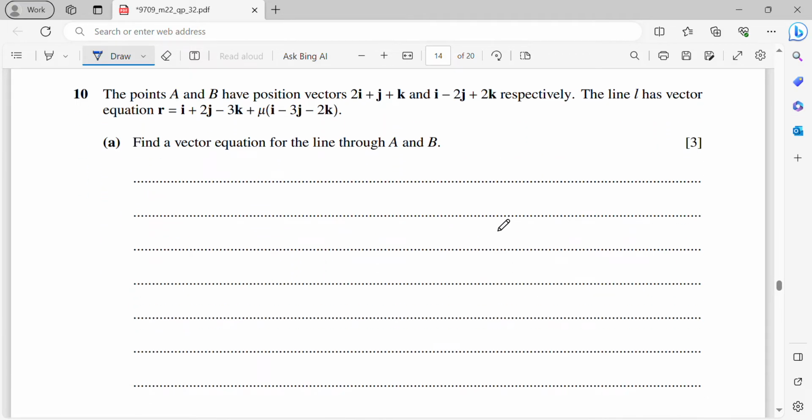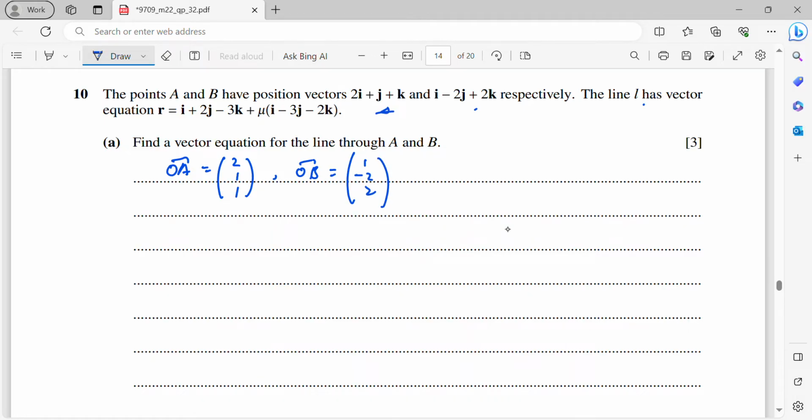Okay, now for question number 10. The points A and B have position vectors 2i plus j plus k and i minus 2j plus 2k respectively, which means now OA is (2, 1, 1), OB is (1, minus 2, 2). Now the line L has this vector equation.